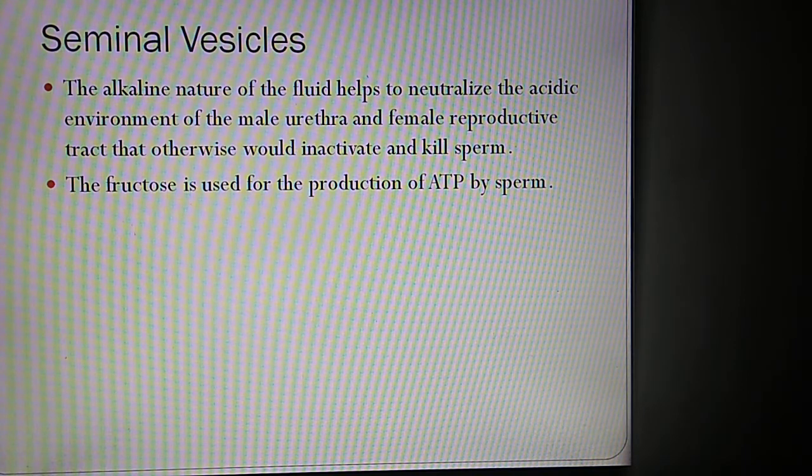The alkaline nature of the fluid helps to neutralize the acidic environment of the male urethra and female reproductive tract that otherwise would inactivate and kill sperm. The fructose is used for the production of ATP by sperm.